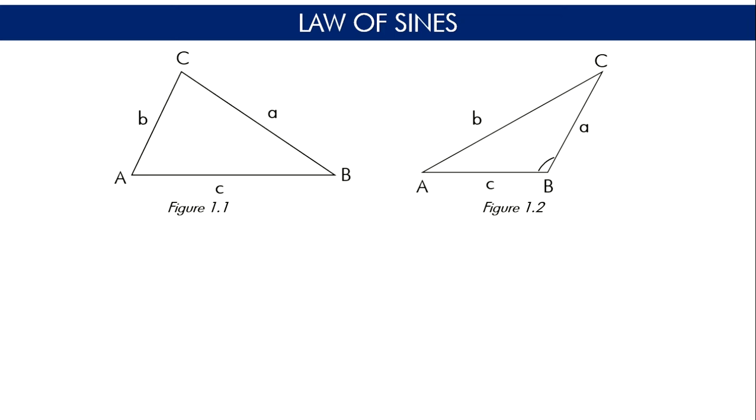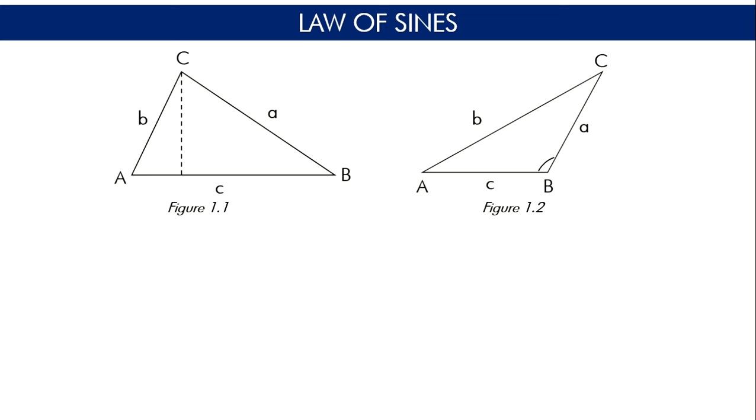In order to derive the formula of the law of sines, we need to draw a perpendicular to AB. Let's say CD is perpendicular to AB, so it forms a right angle.